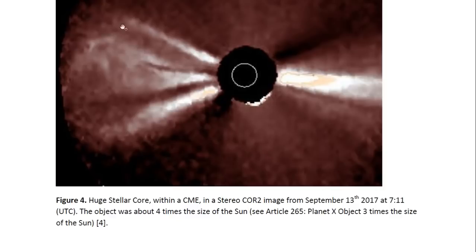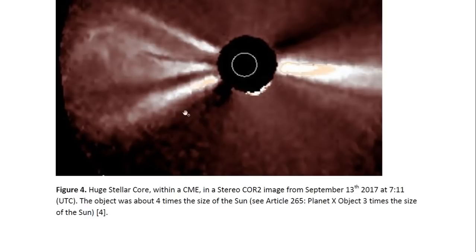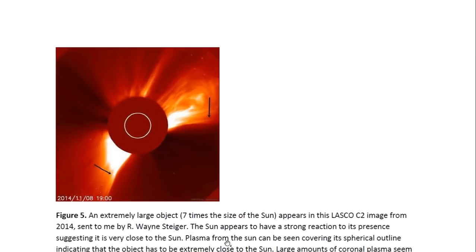So again, it's what we usually call CME plasma. And this plasma, which seems to be draped across the object, actually made it possible for me to estimate its size, because it means that it must be very close to the Sun.